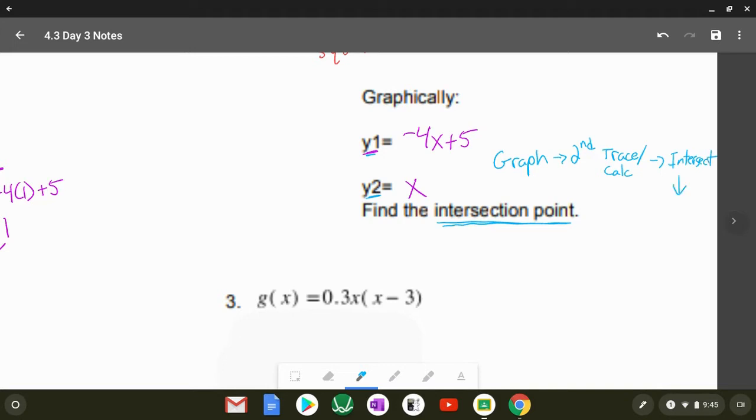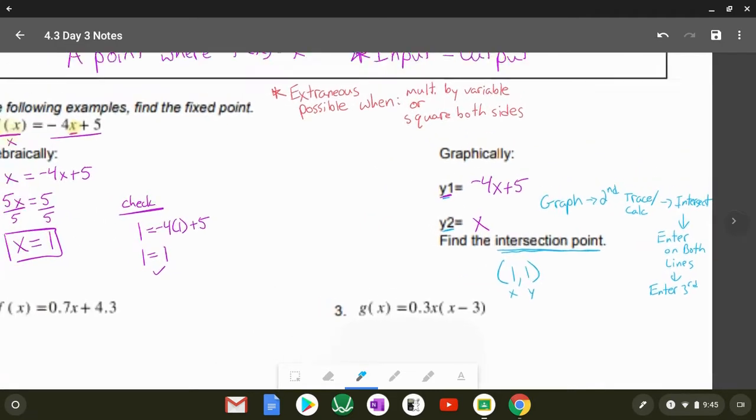And then after that intersection, you're going to hit enter on both lines, and then enter a third time. And it should give you that intersection point of 1, 1, where your x value matches your y value, and that's your intersection point. Okay.